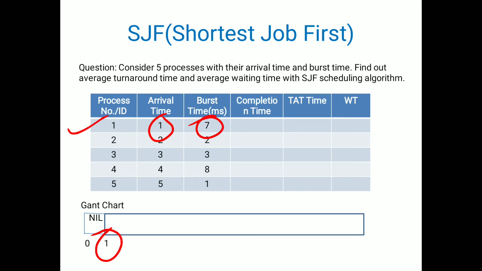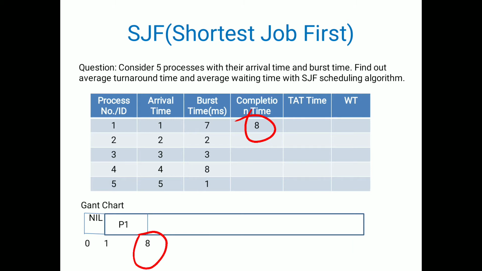So we have to execute this process for the next 7 milliseconds. P1 is executed in the CPU for 7 milliseconds. The time now is 8. So process P1 completes its execution in the CPU at time 8.